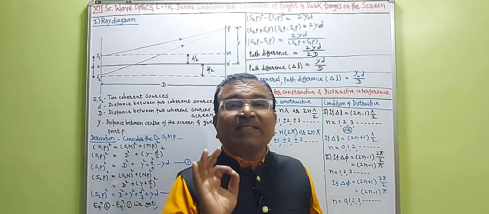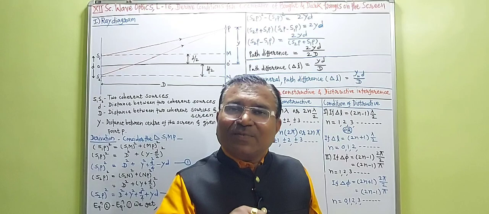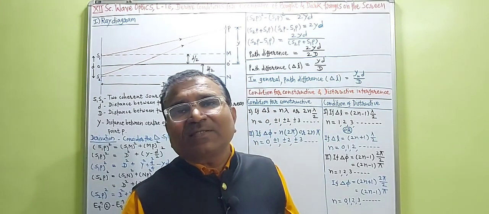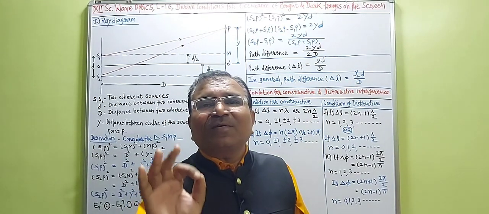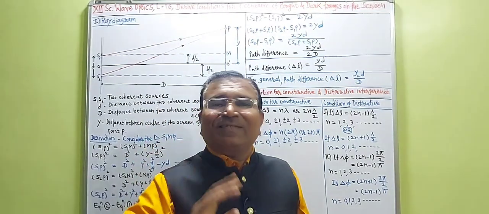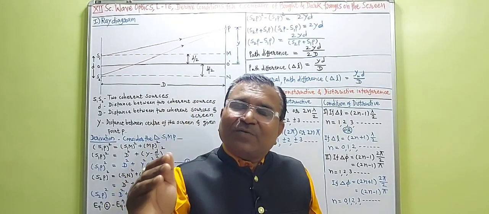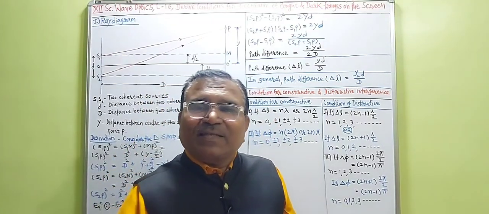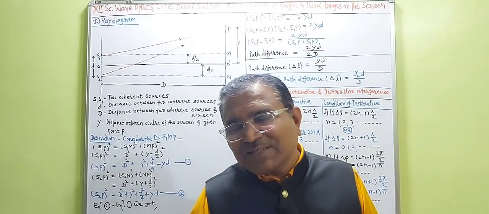So how can we state the condition for destructive interference? If the path difference between two light waves is an odd multiple of half the wavelength, point P is dark, so it is called destructive interference.